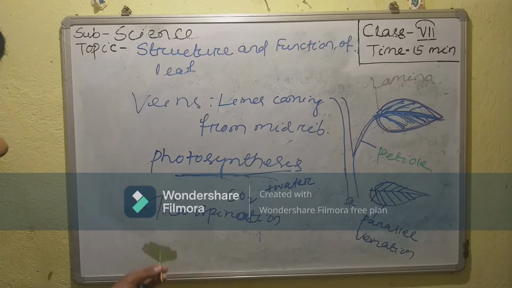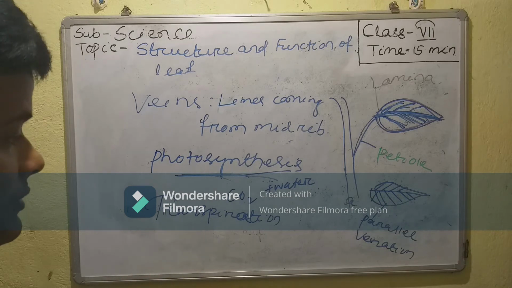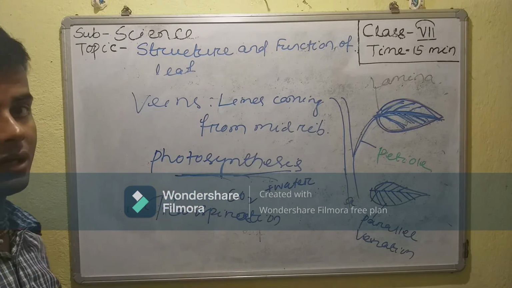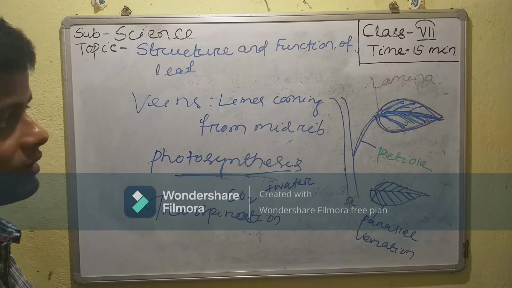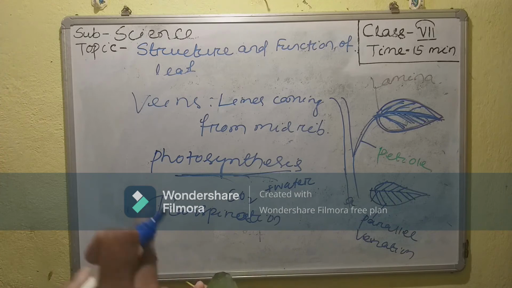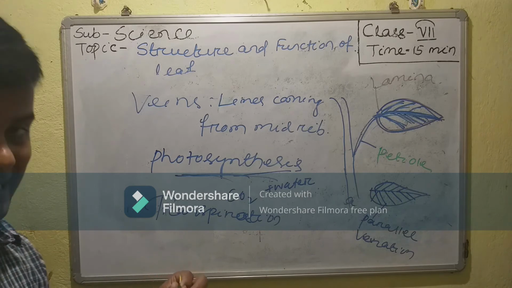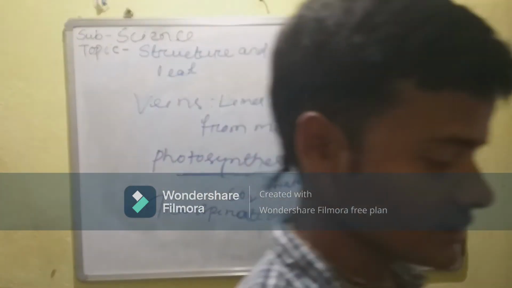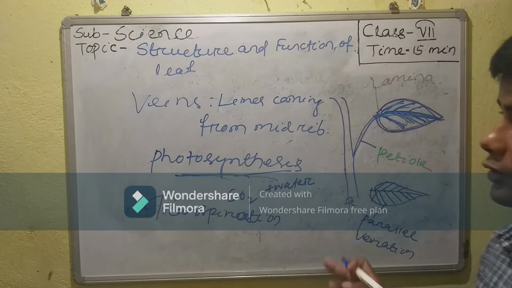That process is known as transpiration, because most of the water comes out from the plant through the leaves. So these are the different parts and functions of the leaves.